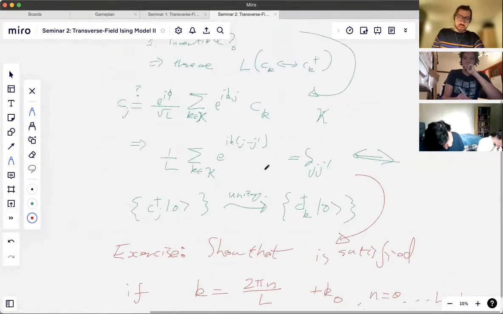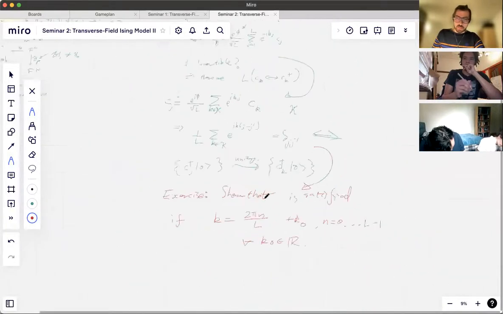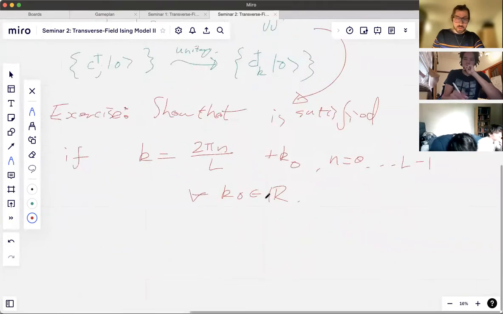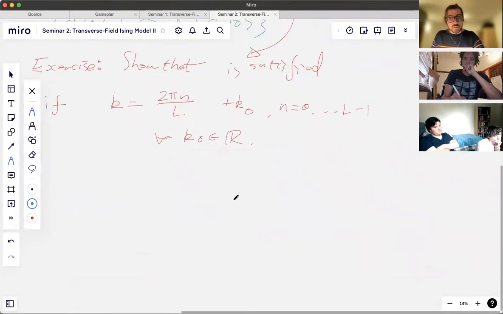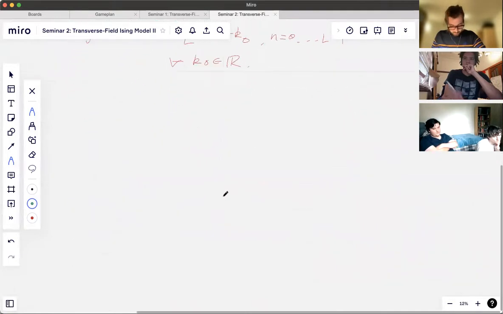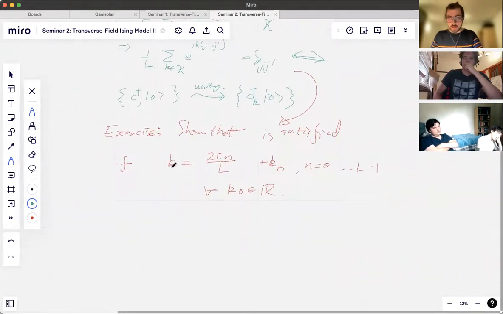I suspect this is actually an if and only if, which you can show if you want, but it's not really necessary for the argument to go through. So this is a sufficient condition to have a unitary transformation.